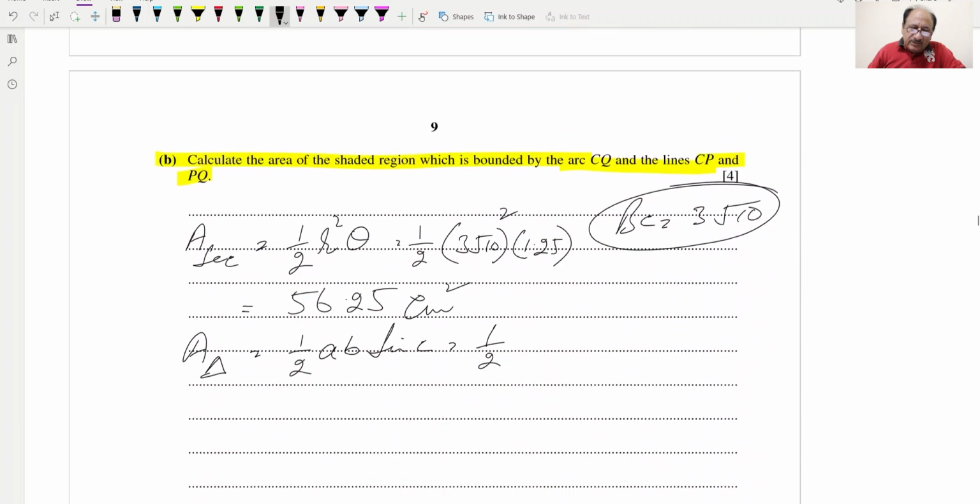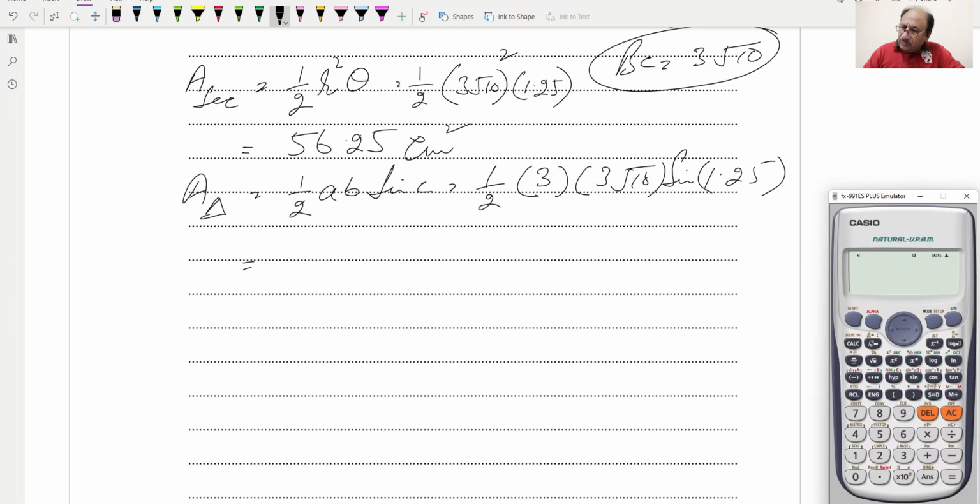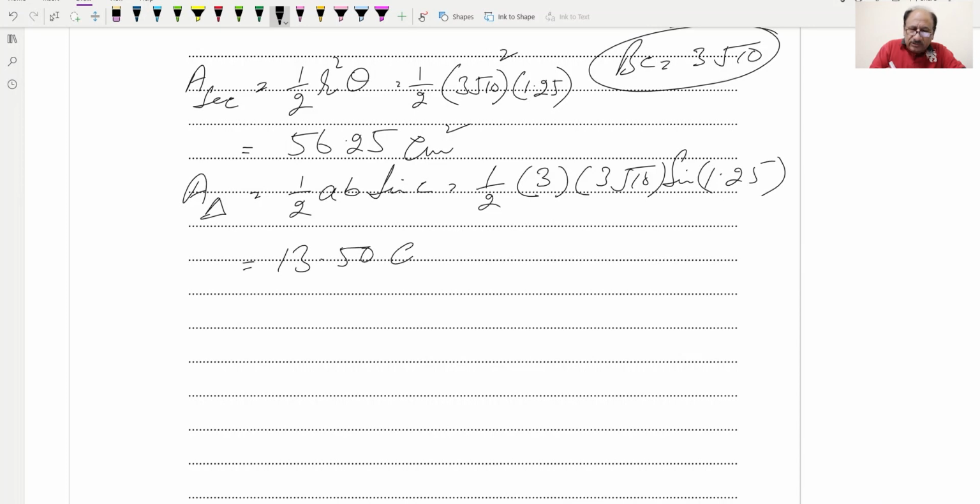So it will be 0.5 into 3 into 3 root 10, multiplied by sine of 1.25, calculated by the help of a calculator, and this results in 13.50, again centimeter square.